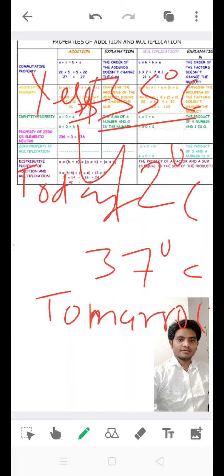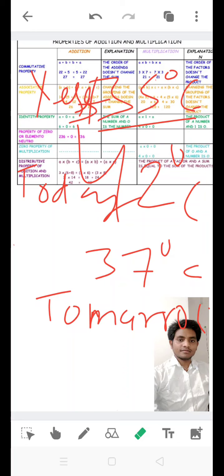And after that, tomorrow it decreases by how many degrees centigrade? 5 degrees centigrade. Okay.